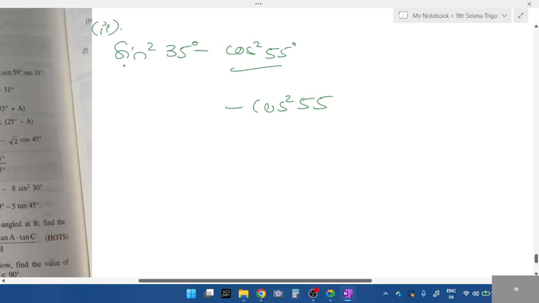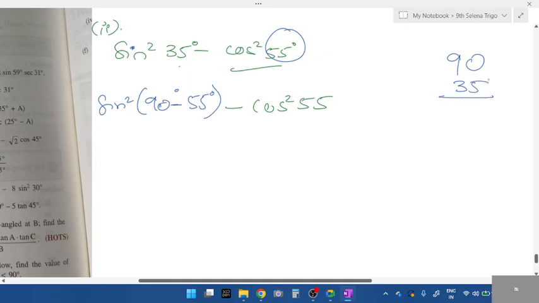Look here, I'll tell you. First, sine square, what is given? 35, right? Keep sine square as it is. 90 minus what should I write? 90 minus what will give 35? Very good, 90 minus 55 degrees. If 35 is given, we need to check 90 minus what gives 35.